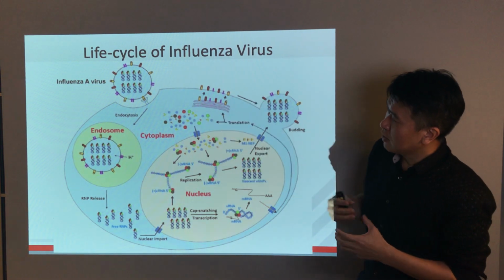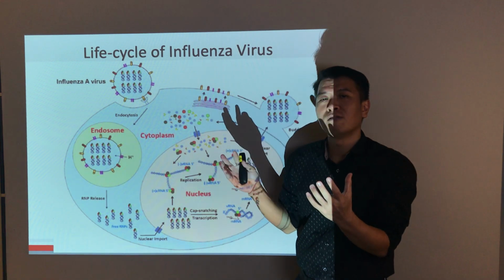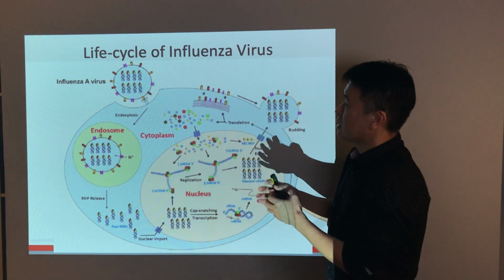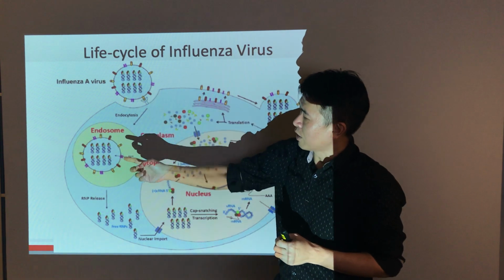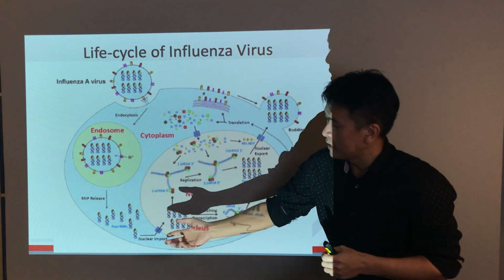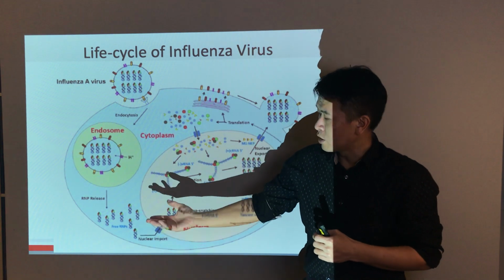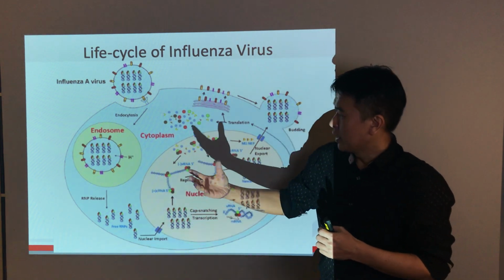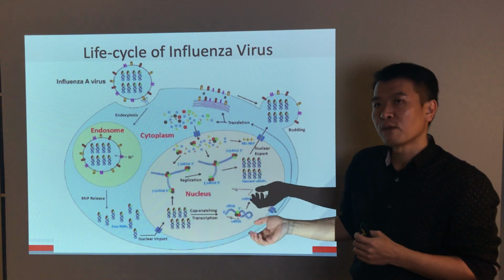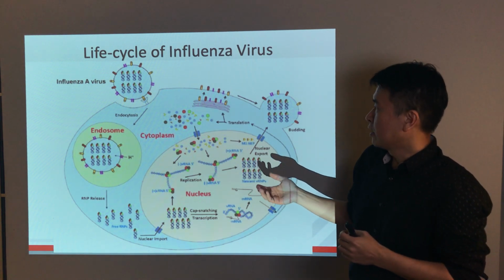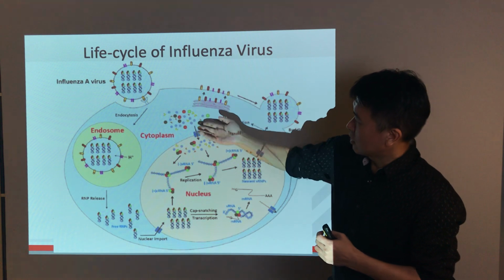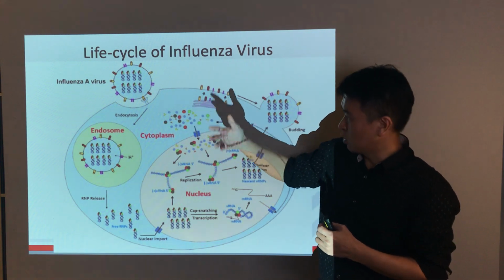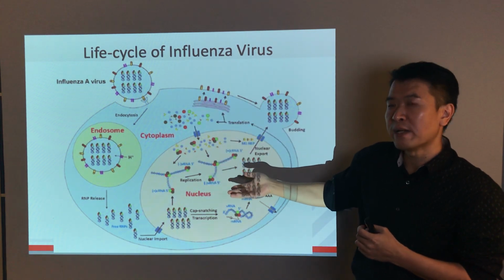The diagram here shows an overview of how the influenza virus attaches to the receptors and then undergoes endocytosis and releases the genome of the virus into the cell. Then they start to produce mRNA, and the mRNA is translated to produce the proteins, which then go back into the nucleus.